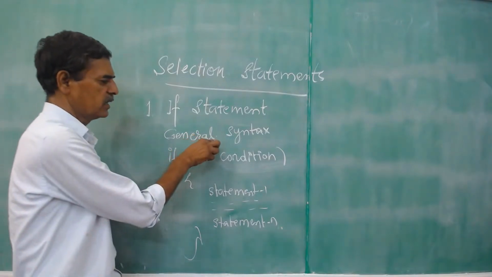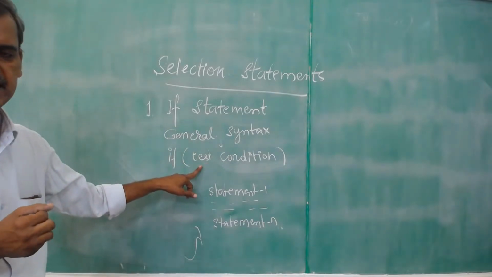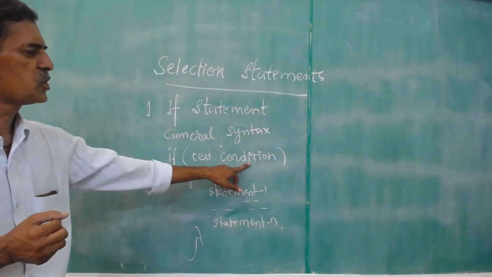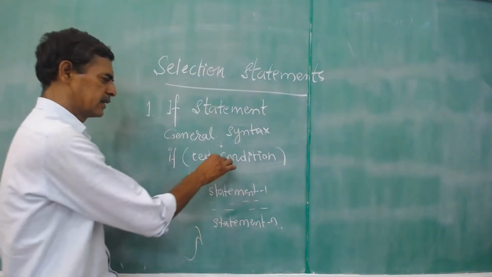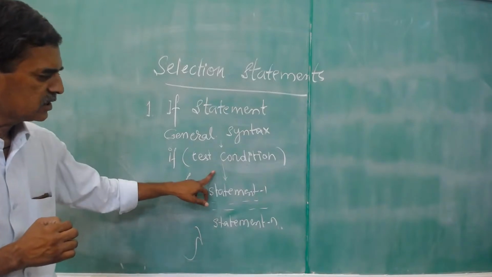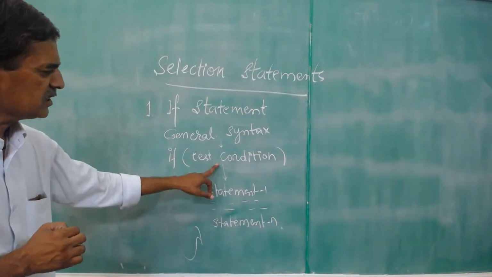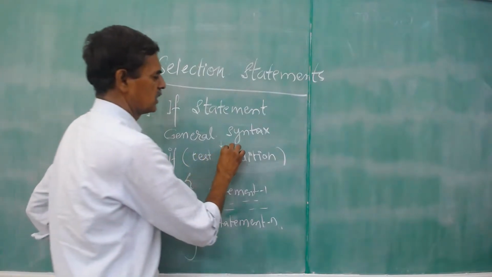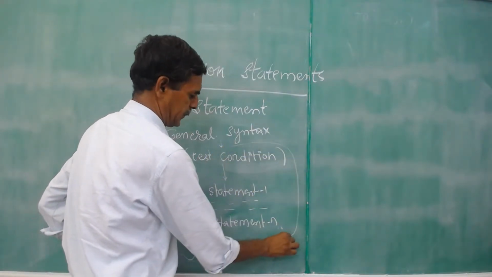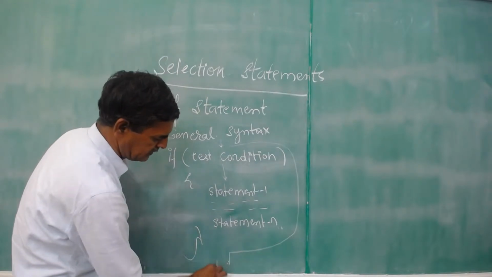So when the control comes here testing takes place. If test condition is true, then the control goes inside the if block. Then statements inside the if block are executed. If test condition is false, the control comes out of if block. So next statement is executed.